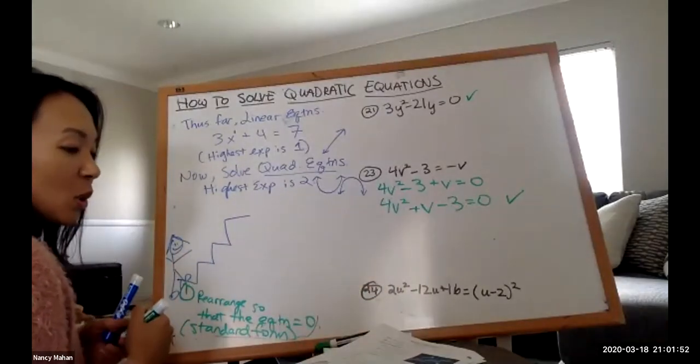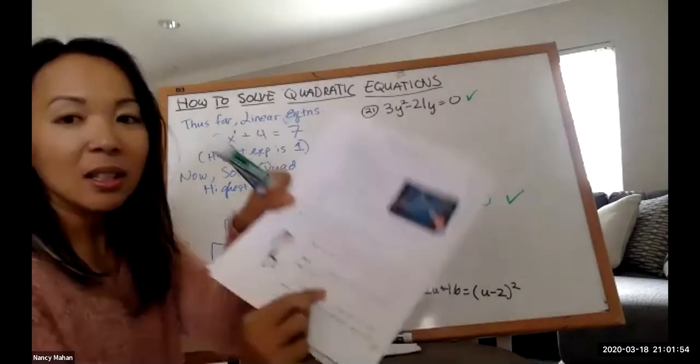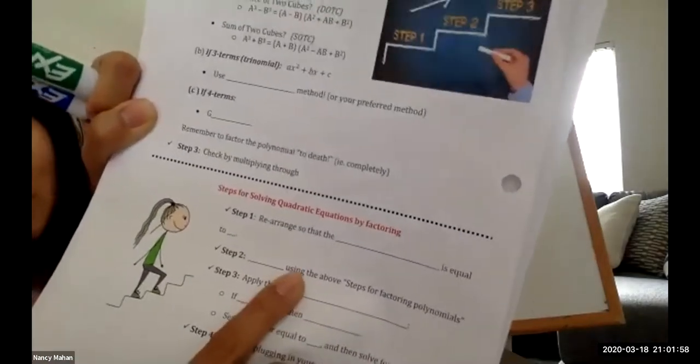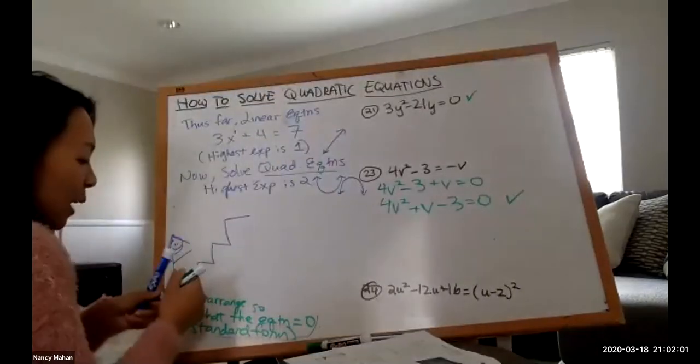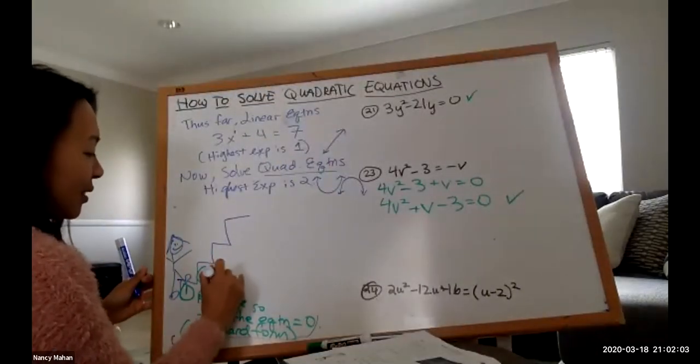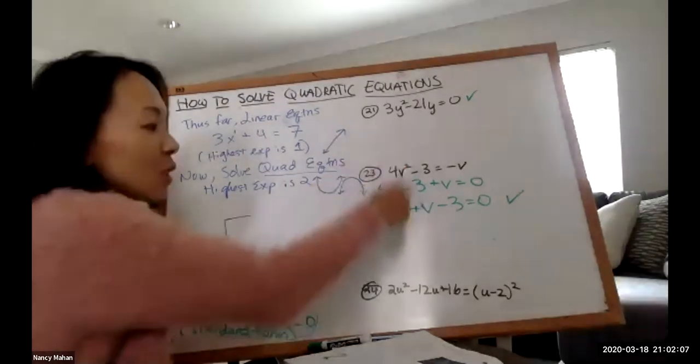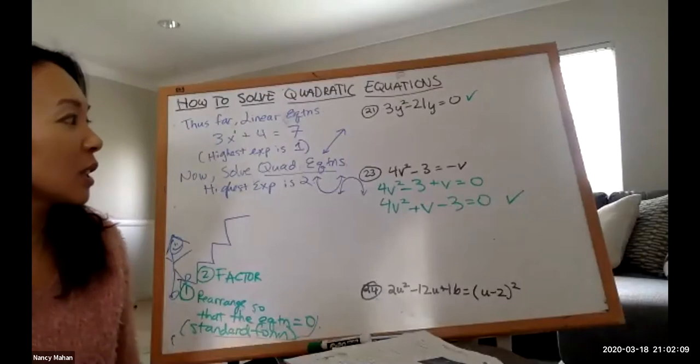Okay, step 2 is to blank using the above steps for factoring polynomials. So step 2 here is a big F word, the other one. Factor. So factor this using the steps that we did above.